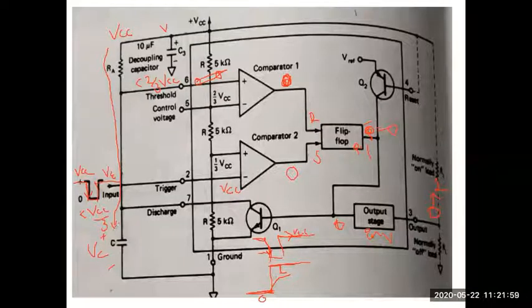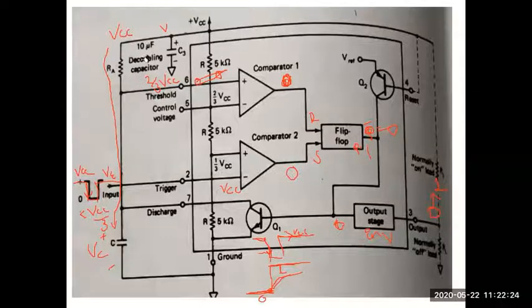That depends on this capacitor. So let us assume this capacitor, which has started charging, after some point of time based on the values of the resistor RA and the capacitor C, will just cross 2 by 3 VCC.